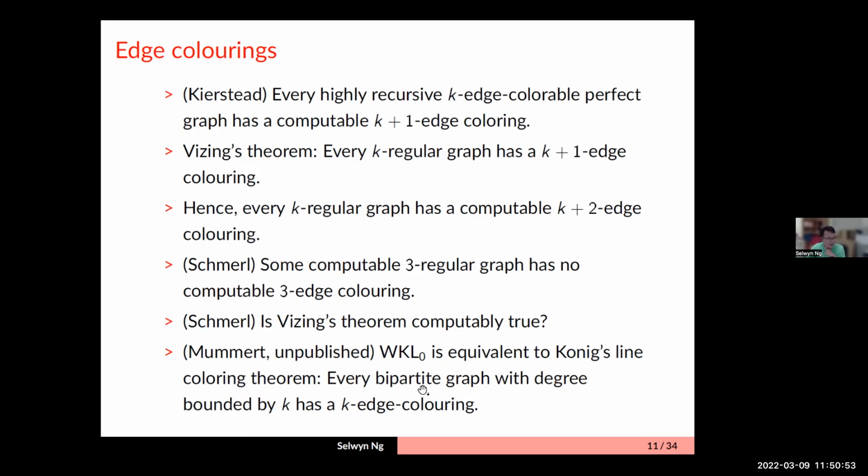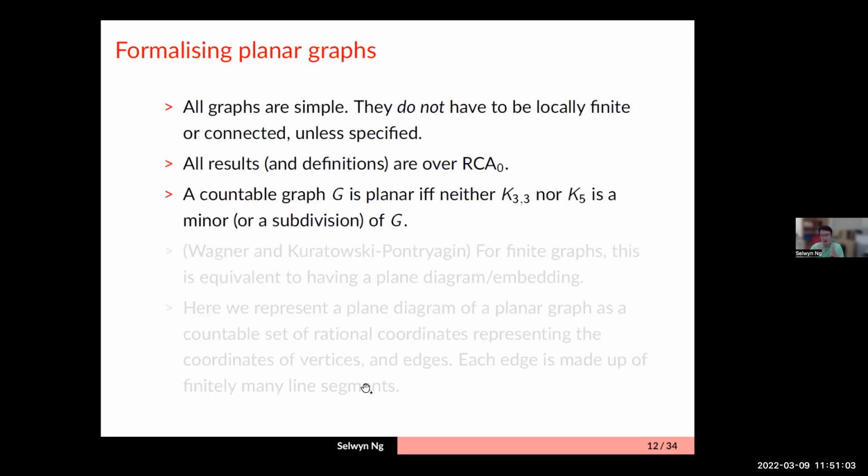So in other words, if you have a bipartite graph, you can get the coloring to be k. Okay, so that's the work that has motivated the stuff that I want to talk about.